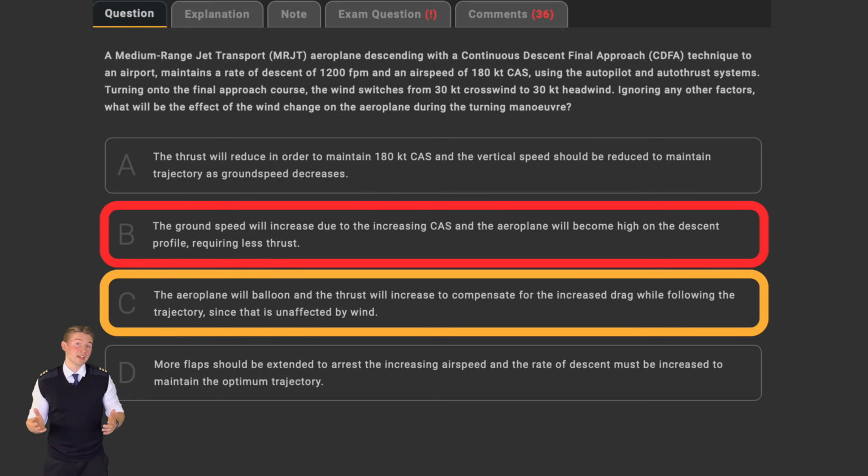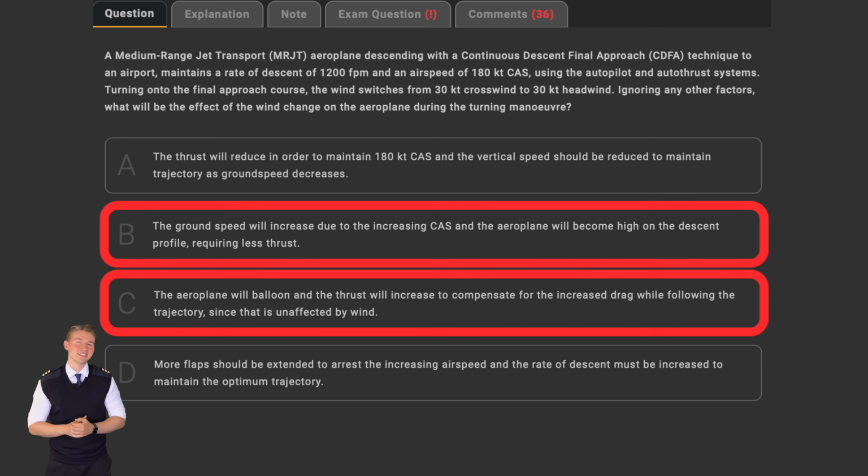The CAS, on the other hand, is exactly the parameter the autothrust system tries to arrest. So an increase in CAS cannot possibly be counteracted by applying even more thrust unless the increase in drag is so enormous that the speed is immediately dropping at a rate so extreme that additional thrust would be necessary, but I highly doubt that this is the case here.